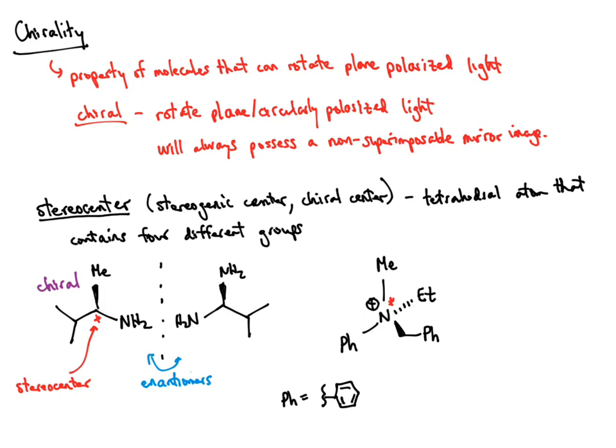We have to be careful, though. We need to make sure that it has defined stereochemistry. This molecule here is a racemic mixture, because I haven't defined the stereochemistry at the stereocenter. So even though this is a stereocenter, it is a racemic stereocenter.